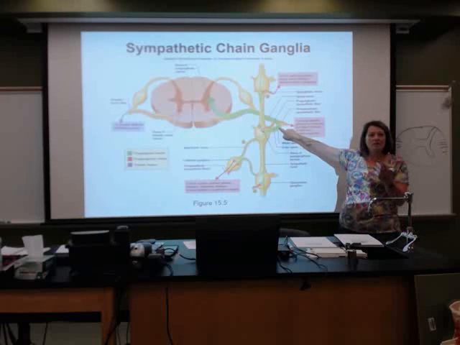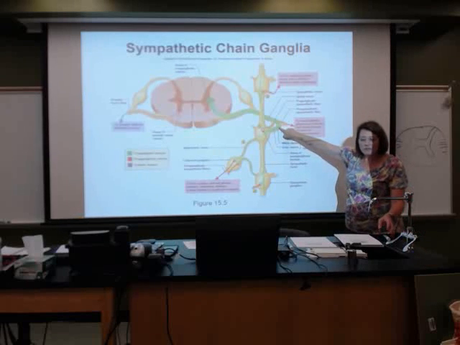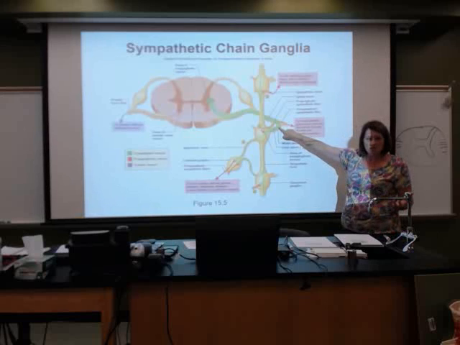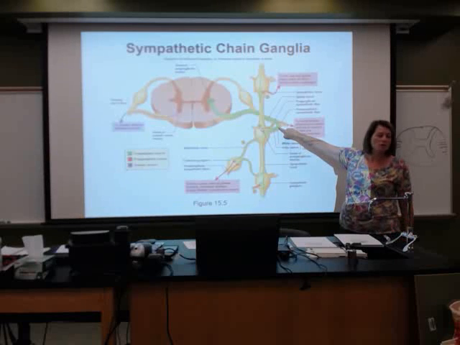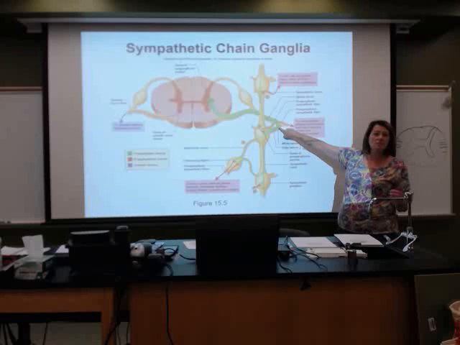Okay, now do you happen to remember for this division another term that it was called because of the areas of the spinal cord that it's coming from? This one is the thoracolumbar. Do you guys remember that?